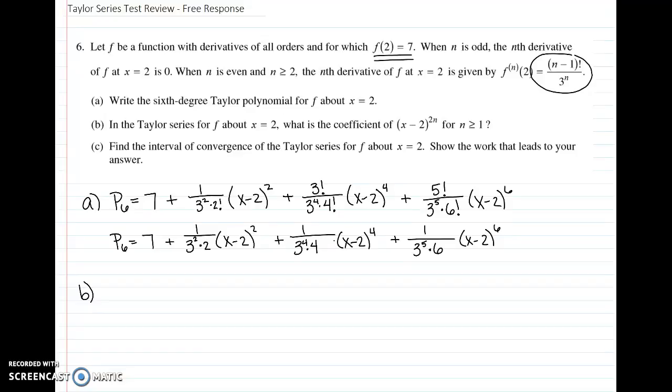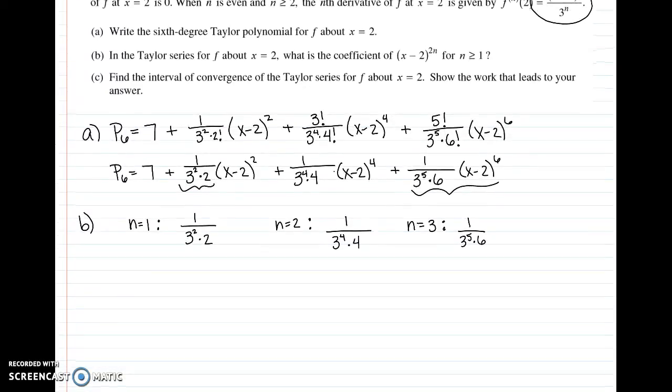So in part B, they ask, what is the coefficient of x minus 2 to the 2n? Well, when n is 1, we get 1 over 3 squared times 2, this coefficient right here. When n is 2, that would be our x to the 4th term, and we end up with 1 over 3 to the 4th times 4. When n equals 3, that's our x minus 2 to the 6th term, and we get 1 over 3 to the 5th times 6.